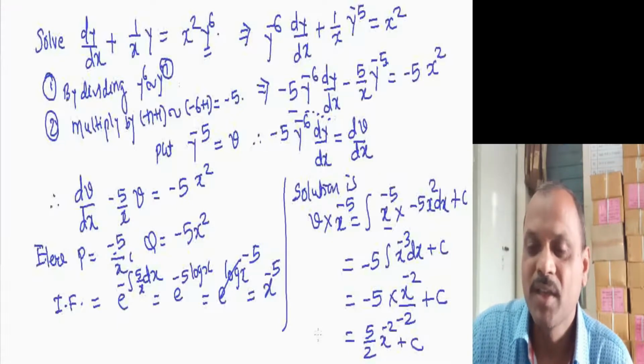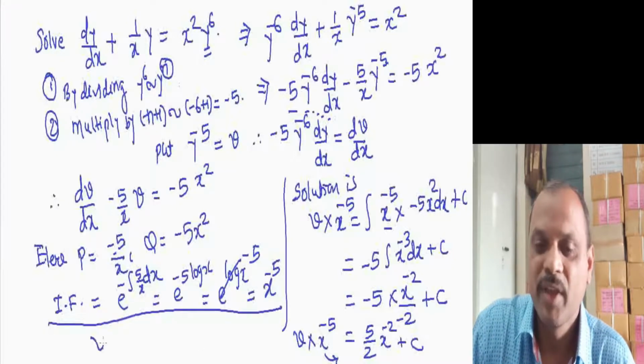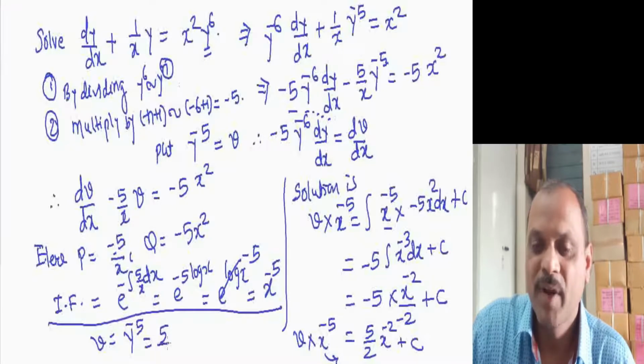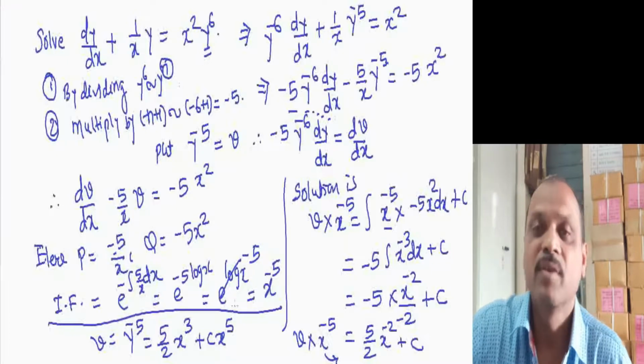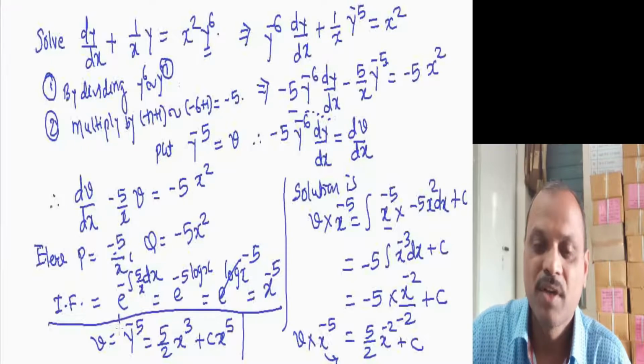Now, multiply this equation, this v into x raised to minus 5, or transfer this term to this side, and we get v equal to, what is v? V is y raised to minus 5 equal to 5 divided by 2 into x cube plus c into x raised to 5. This is the solution of this equation.